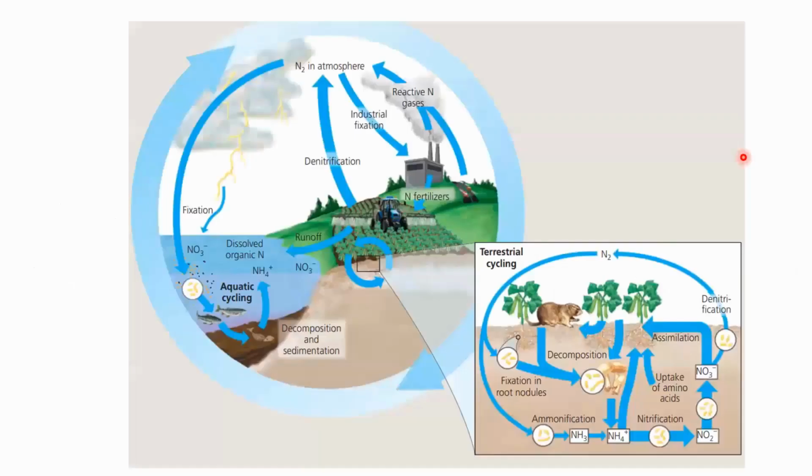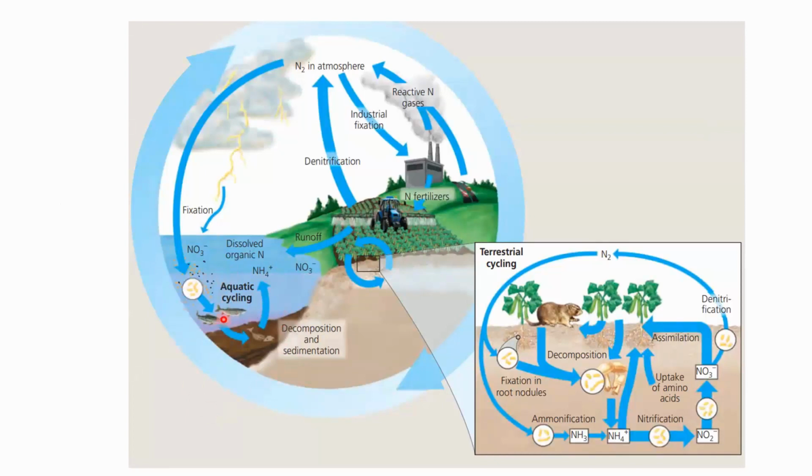The nitrogen cycle may take place at the terrestrial level or in water also. So there may be aquatic cycling and terrestrial cycling. The nitrogen in the atmosphere may be fixed by bacteria or by the process of lightning into nitrates. These nitrates are then taken up by the phytoplanktons, or dissolved organic nitrogen may also be present in the water.